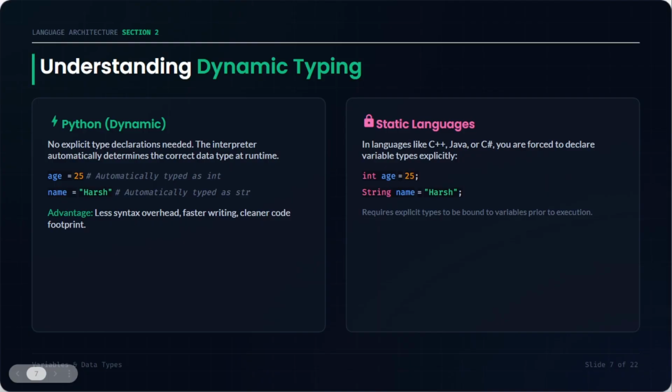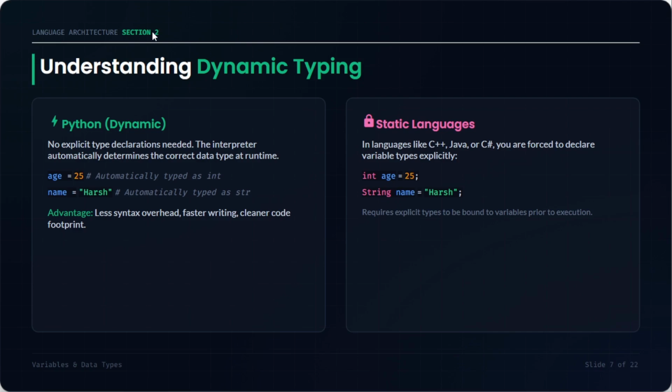Here, as you can see on the screen, age equals 25 and name equals Rahul. So age 25 is automatically typed as int and Rahul is automatically typed as a string. But in languages like C or C++, we need to define first. Here we are going to store integers. Here we are going to store alphabets or any string values. That's the main difference.